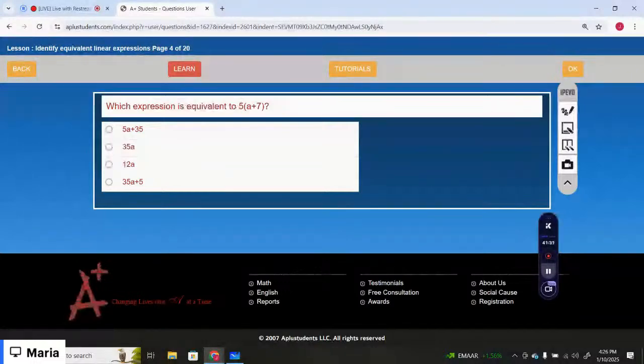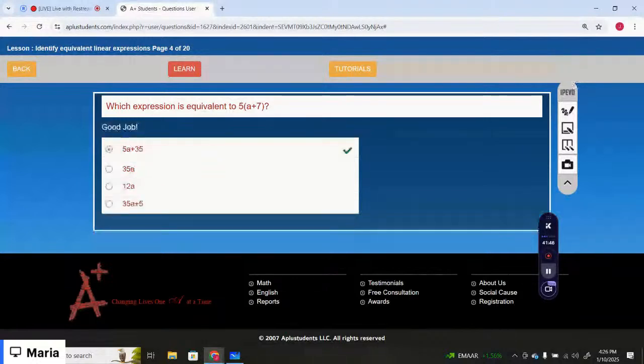Which expression is equivalent to 5 times a plus 7? So which is the correct option? You have to apply the distributive property. So 5 times a is 5a and 5 times 7 is 35. So option number 1 is the correct option.